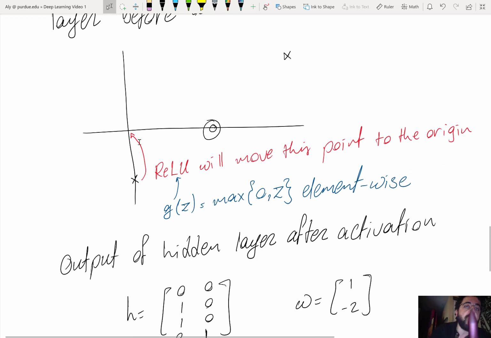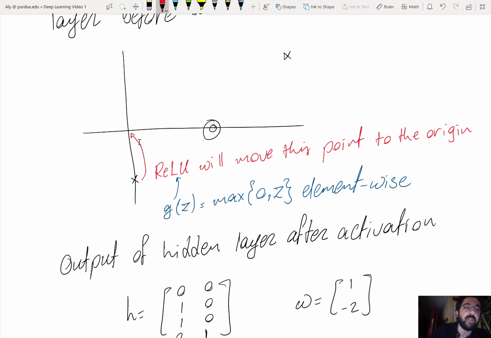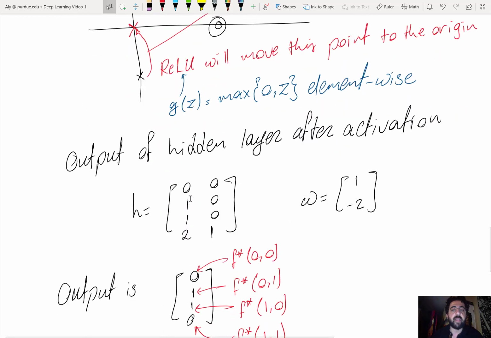Now after we move this point to the origin, we can draw a decision boundary that's linear and distinguishes between the circles and crosses. The way that it happens is as follows.